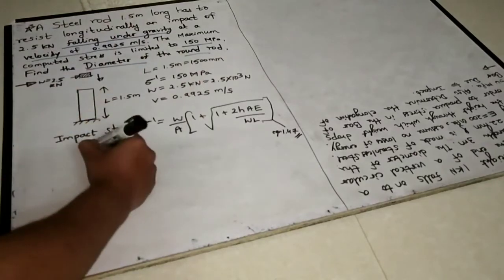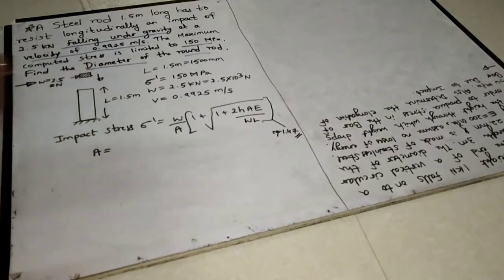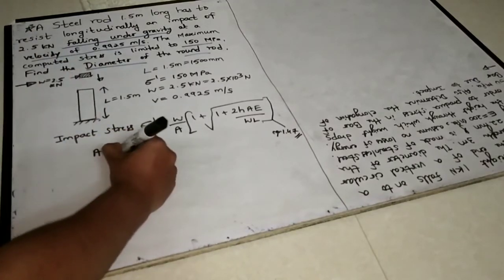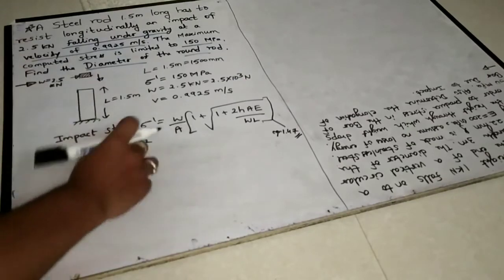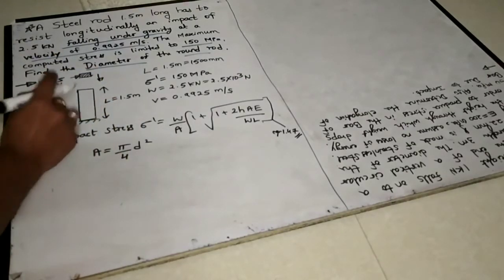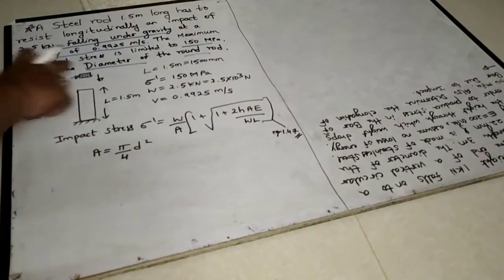So let us write what is area here. Cross-sectional area of a rod is pi by 4 d square. This d they are asking. What is this d? They are asking in the question.